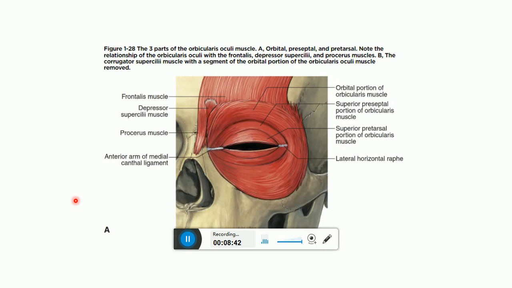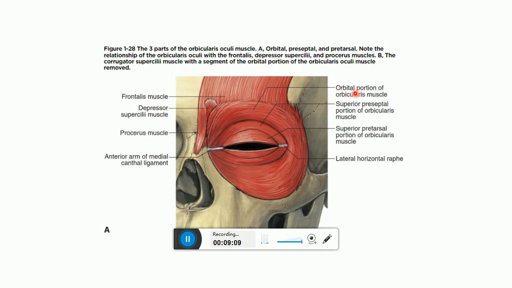Below the eyelid is the muscle of protraction, also known as the orbicularis oculi muscle. This is the orbicularis oculi muscle. It is the main protractor of the eyelid. It is arranged in several concentric bands around the palpebral fissure. It is divided into orbital, this is the orbital, and palpebral parts.